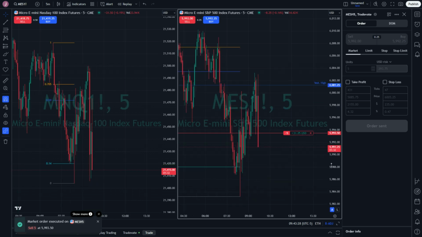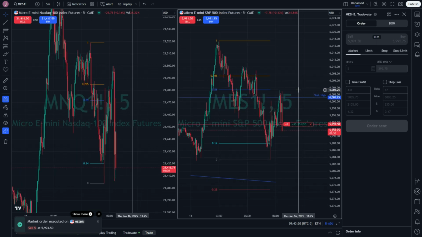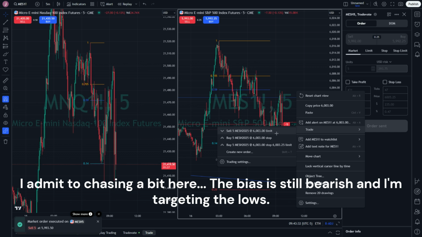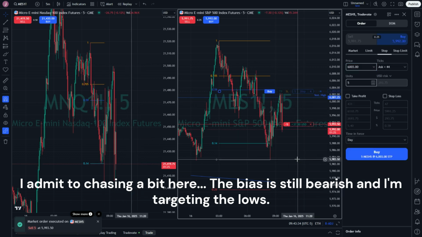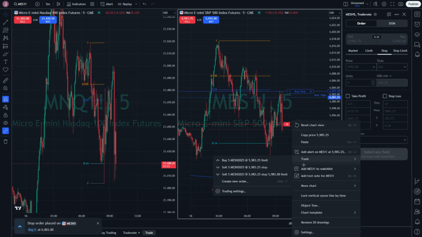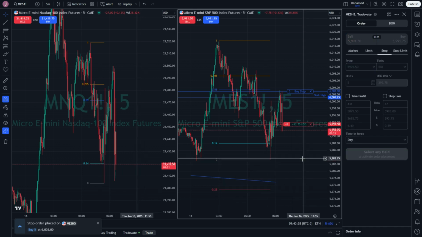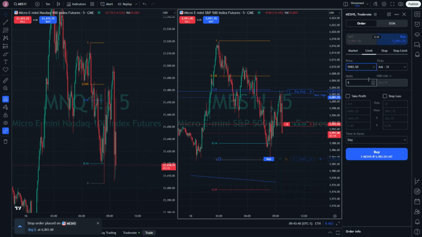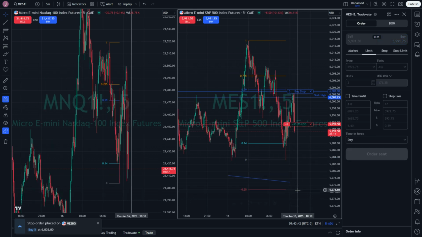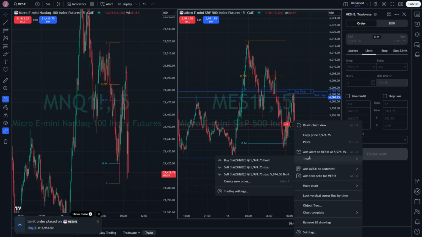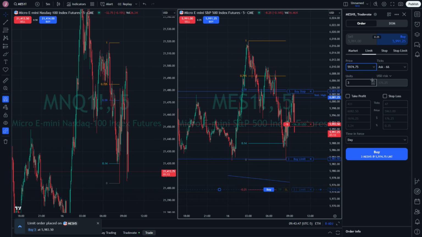Looking for an order short. Stop loss up here. Be looking for three in here. And another 2, hopefully. Another 2 down here.